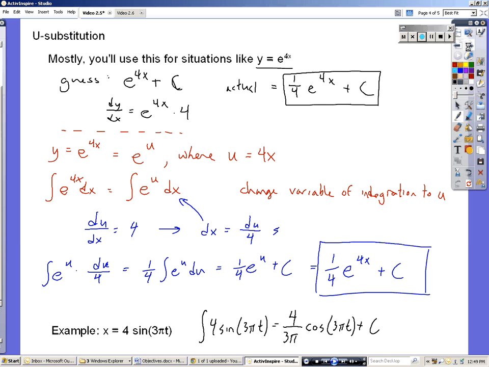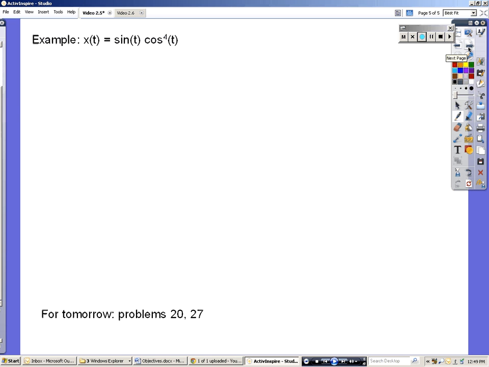Moving on to the most difficult integral you're going to see in this class. It's more difficult than anything on your homework assignment, really. You want to find the integral of sine t times cosine to the 4th t. And you look at this and you think, oh god, that's awful. But you notice something. Derivative of cosine is negative sine.